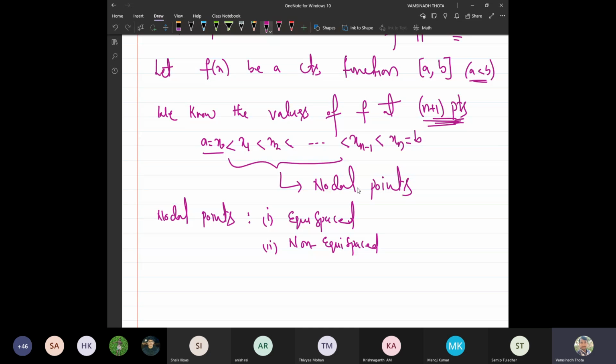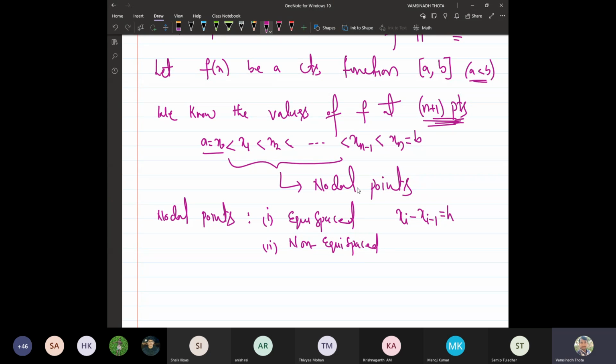Equispaced means the distance between two consecutive nodal points is always the same, that is, xi minus xi minus 1 is always equal to some constant h.